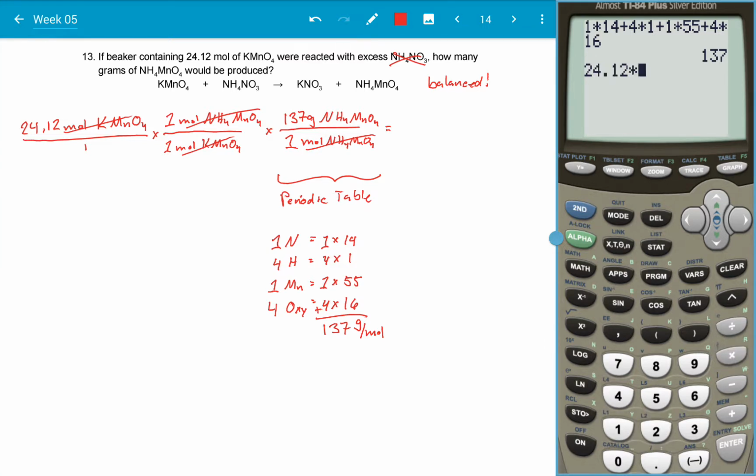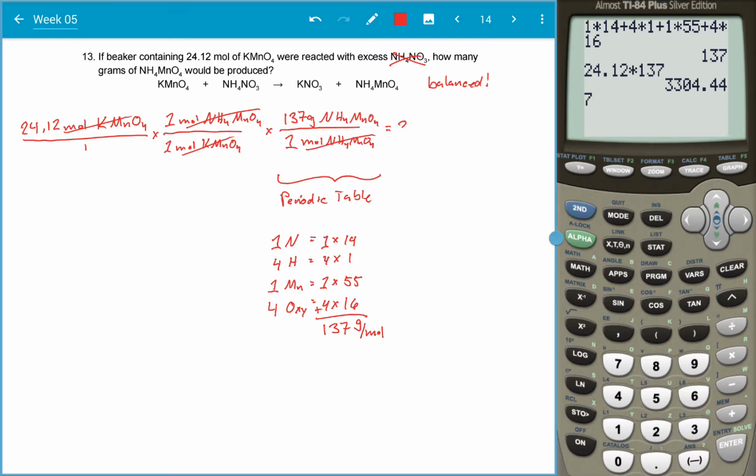24.12 times 137 gives me 3,304.44 grams of ammonium permanganate.